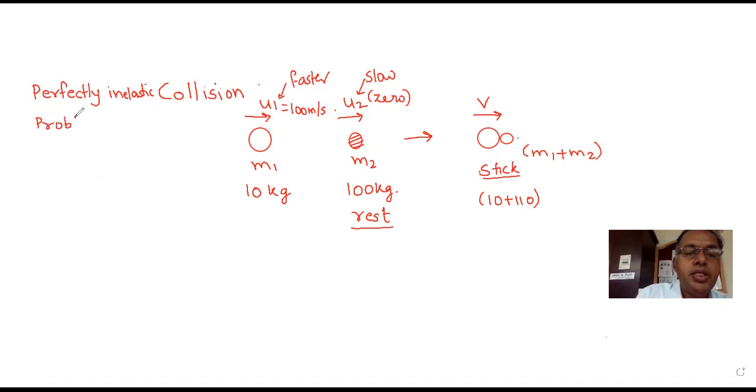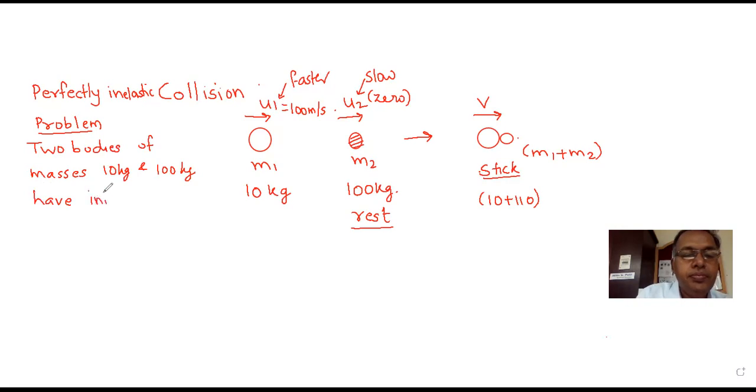Problem statement अशी आहे तुमची की two bodies of masses 10 kg and 100 kg have initial velocity of 100 meter per second and 0 meter per second.